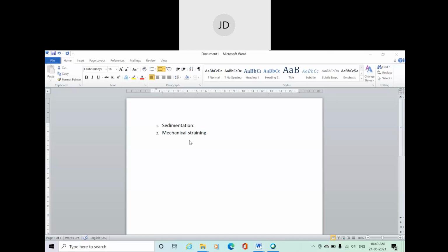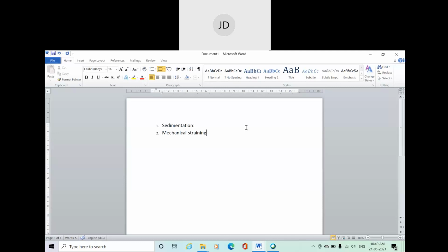Have you got this idea? Mechanical straining basically deals with the voids present in sand. You all know sand has comparatively smaller voids than gravel. So when water flows through the sand under gravity, the impurities that are larger than the voids present in the sand get stuck in the voids.